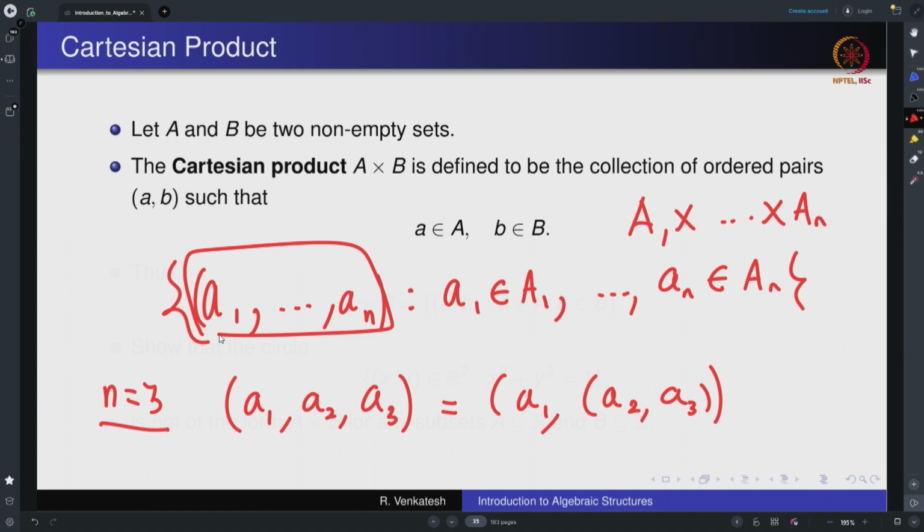By induction, you define first A1 cross A2, then you define A1 cross A2 cross A3. It is understandable that as sets A1 cross A2 cross A3 will be the same as A1 cross A2 cross A3 grouped either way. So, there is this associativity that is happening among these Cartesian products. That is easy to convince yourself.